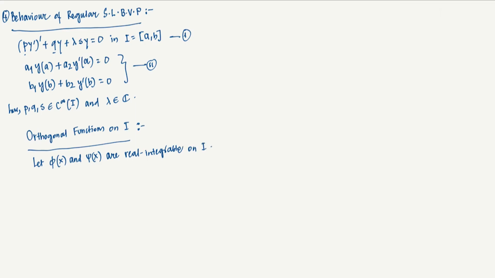We say that these two functions, phi and psi, are orthogonal to each other on I with respect to, WRT, another function rho of x.